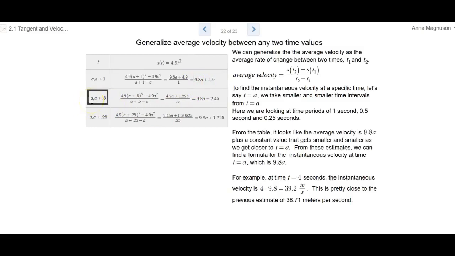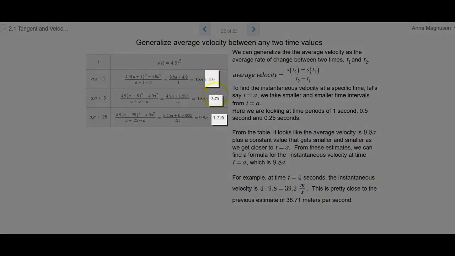Now when I go from the interval a to a plus 0.5, and I put those two values in the average rate of change function, I get 9.8a plus 2.45. And again, with an even smaller interval of a to a plus 0.25, a quarter of a second interval, I plug those values into my average rate of change function, and I get 9.8a plus 1.225.